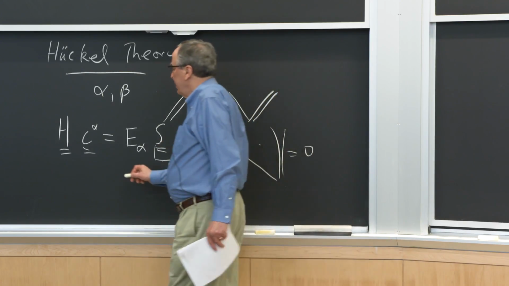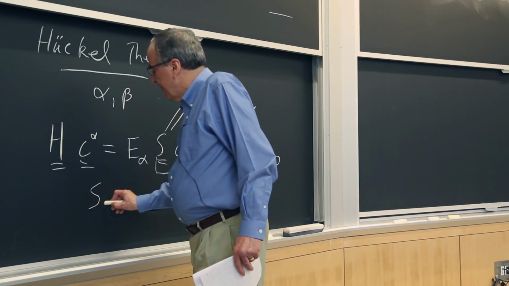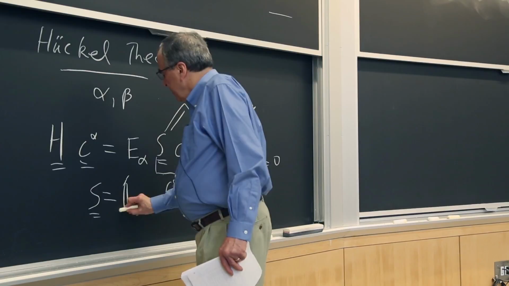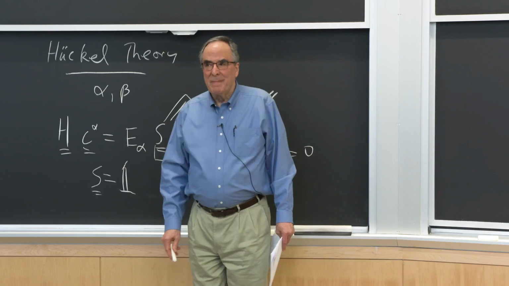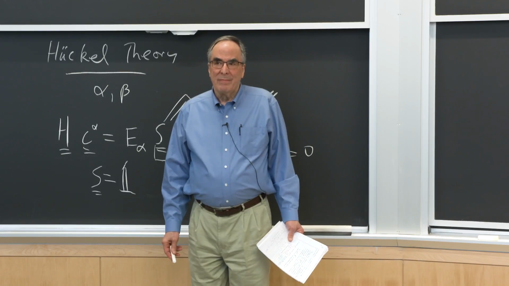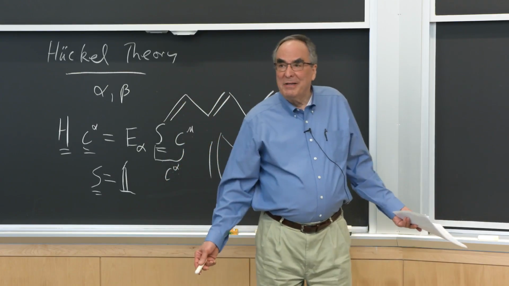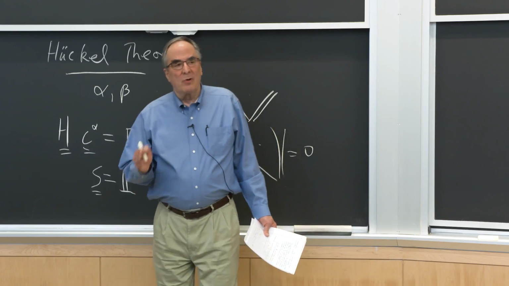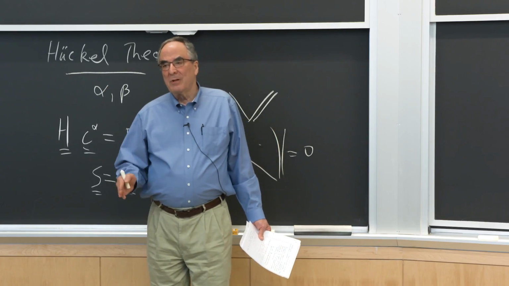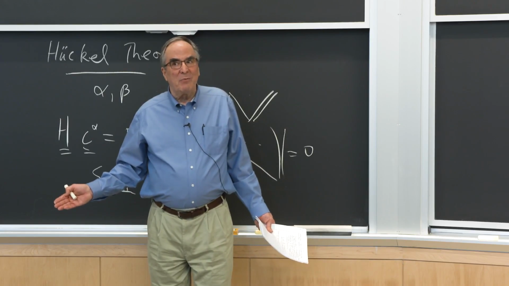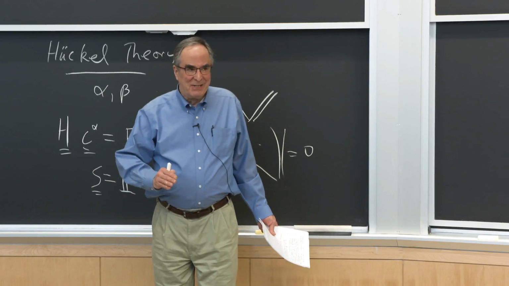One way to deal with it is to say S is equal to the unit matrix. You can do anything you want. And it's basically saying there is no overlap between orbitals on adjacent atoms. Or we're going to neglect it, and then we're going to bring it back if we need it.